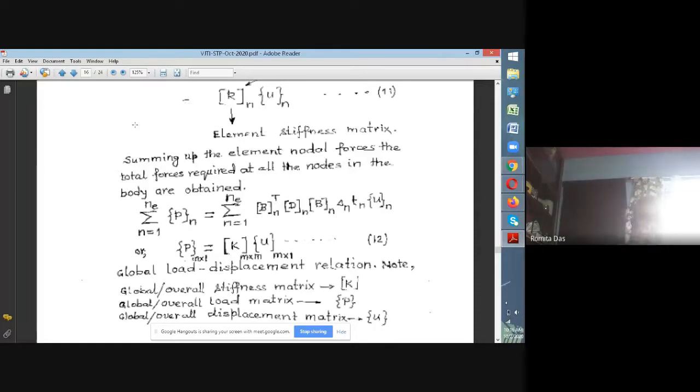If you look carefully, each term of this matrix indicates a force in some direction due to displacement in some other direction. So each term of this element stiffness matrix has attributes: one load direction and one displacement direction.